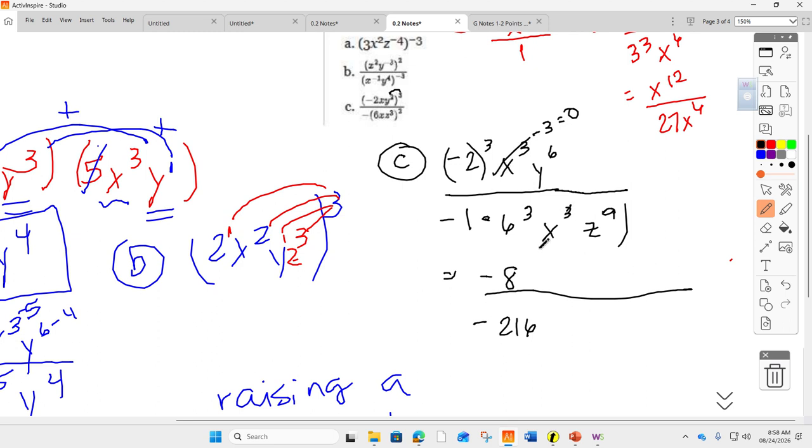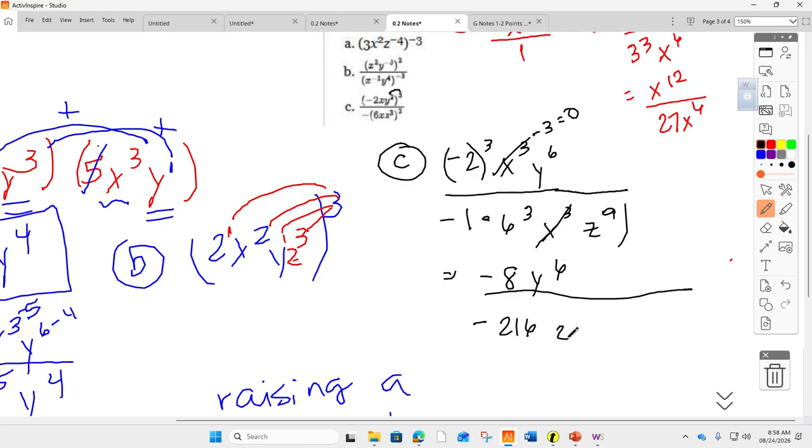Now the y stays the same, the y stays at the top, and the z stays in the bottom. So we have negative 8 times y to the 6th power over negative 216 times z to the 9th power.